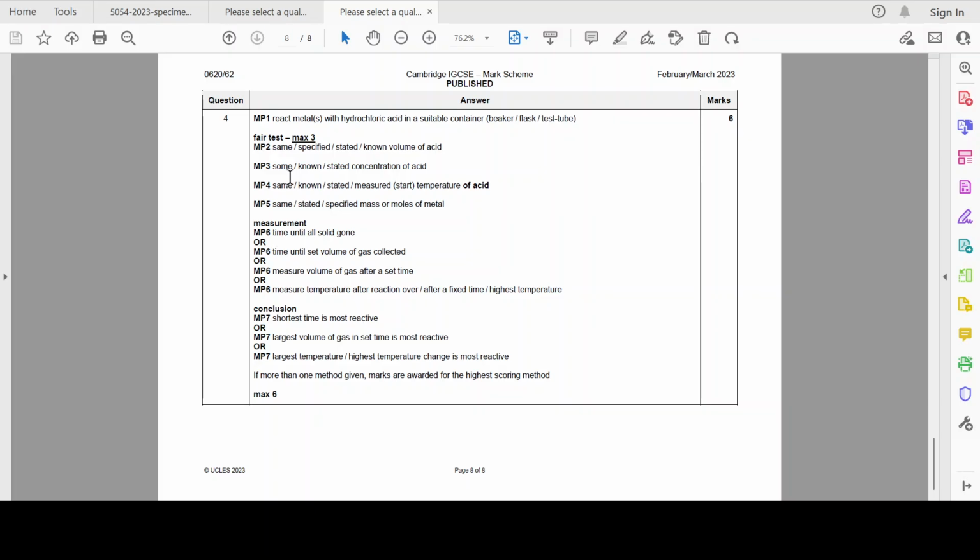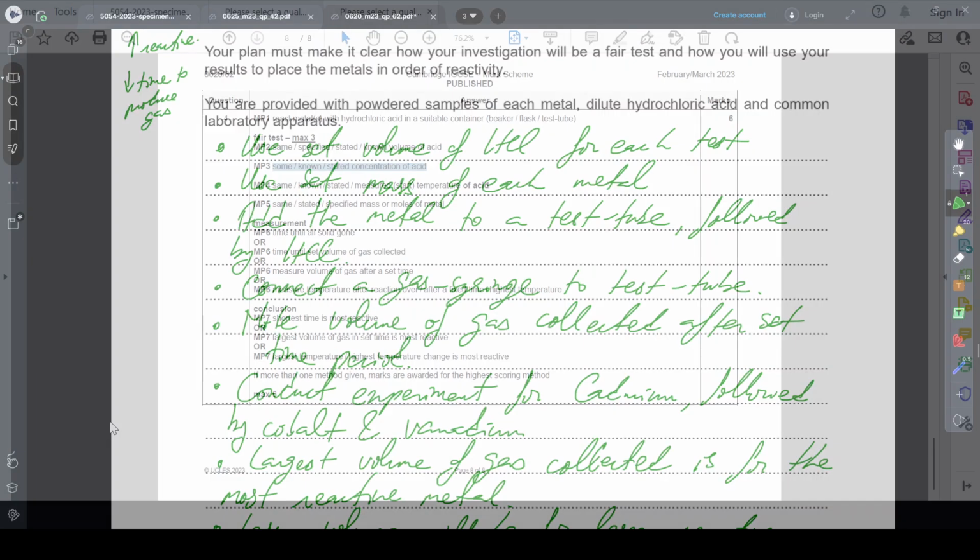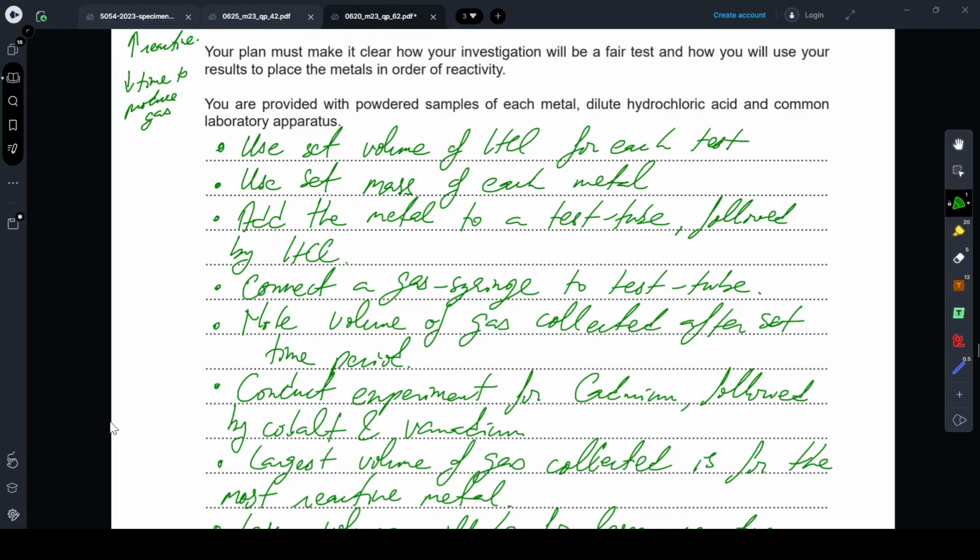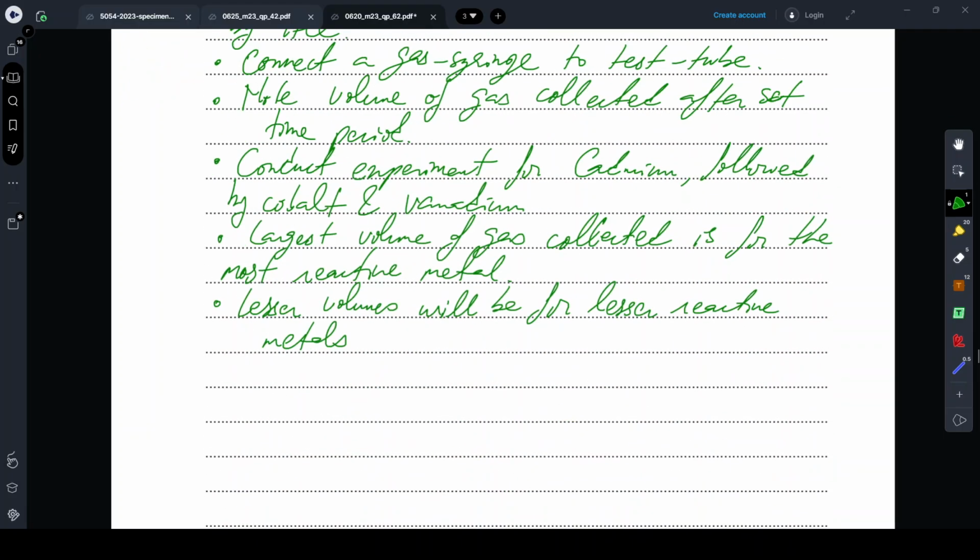So one thing that we should have mentioned is that not only the volume of the acid should be the same, but the concentration of the acid should also be the same in each case. So let's just go back and add that. Otherwise you would have been getting 5 out of 6, which is not bad, but obviously we want to get our maximum score. If you missed it, you can add it to the end.